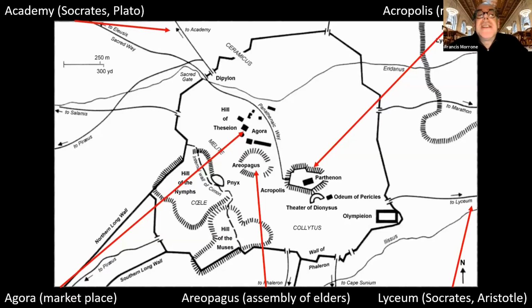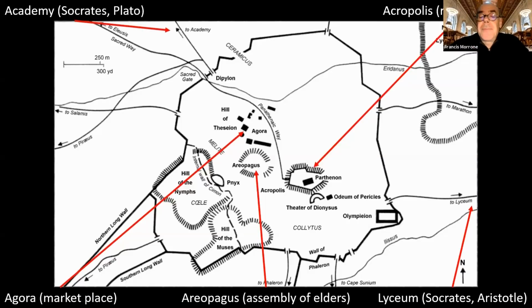I have arrows pointing to the locations of the academy, which is associated with both Socrates and Plato. That was in the suburbs, just outside the city. And then lower right, you see the Lyceum, where Socrates hung out, and which was later, of course, taken up by Aristotle.